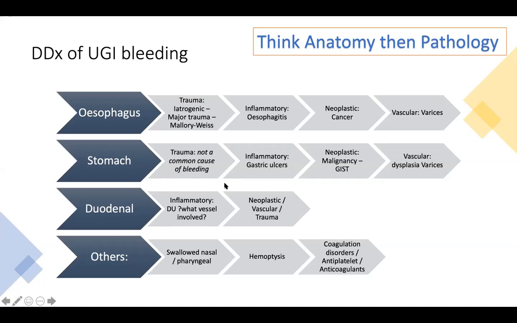So in that specific case, I would answer like this. This is most likely a bleeding from esophageal varices, okay? But it can be bleeding from duodenal ulcer or vascular dysplasia or gastric erosion.